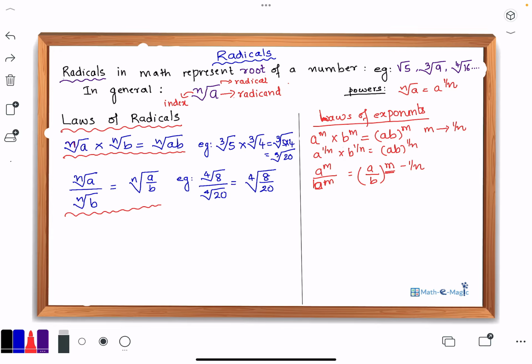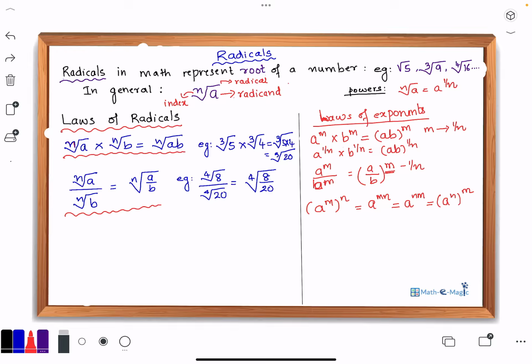Now I have another law of exponents which says that if I have a to the power of m, and I raise that to the power of n, it is the same as a to the power of m times n. Since multiplication is commutative, I can also write it as a to the power of n times m, which gives me back a to the power of n to the power of m.